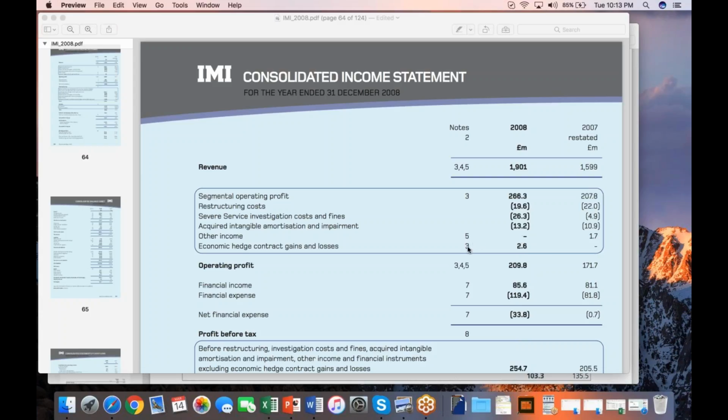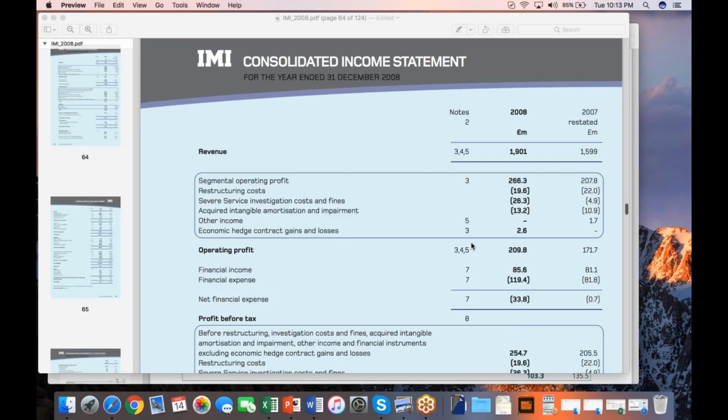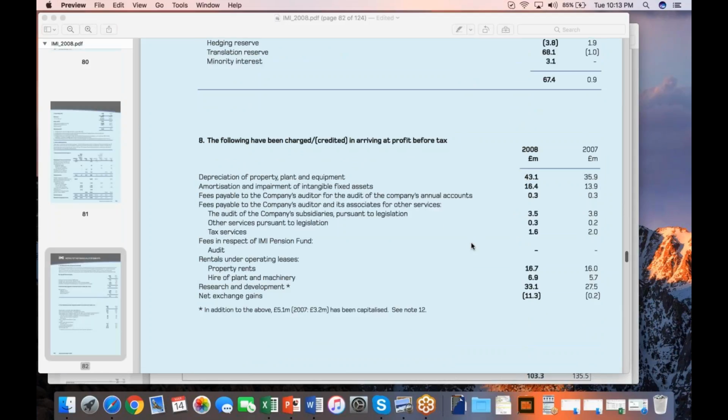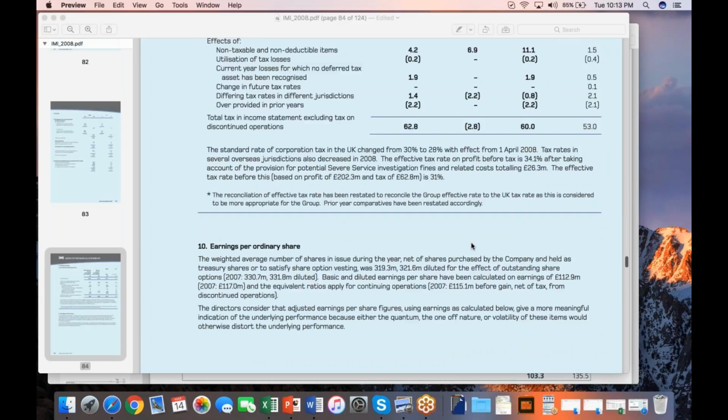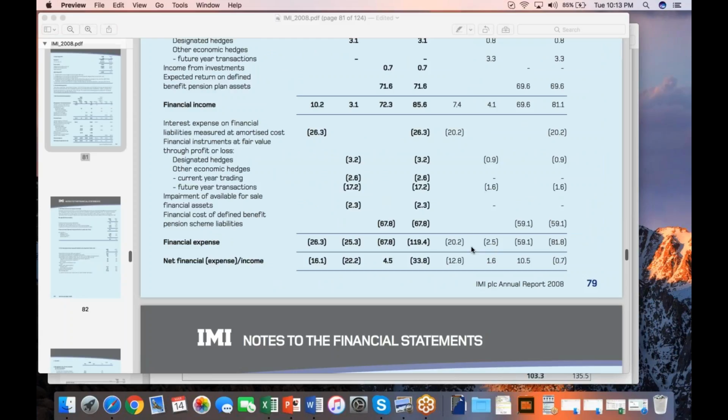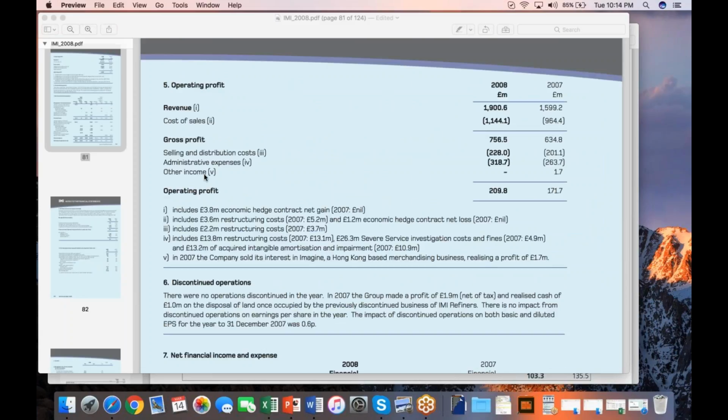So if I go to page number 81, that explains note 5 and 3. Page 81 says, what is other income? Because to be honest, I don't know the definition of other income. The other income is note 5, which was 1.7 in 2007, right?